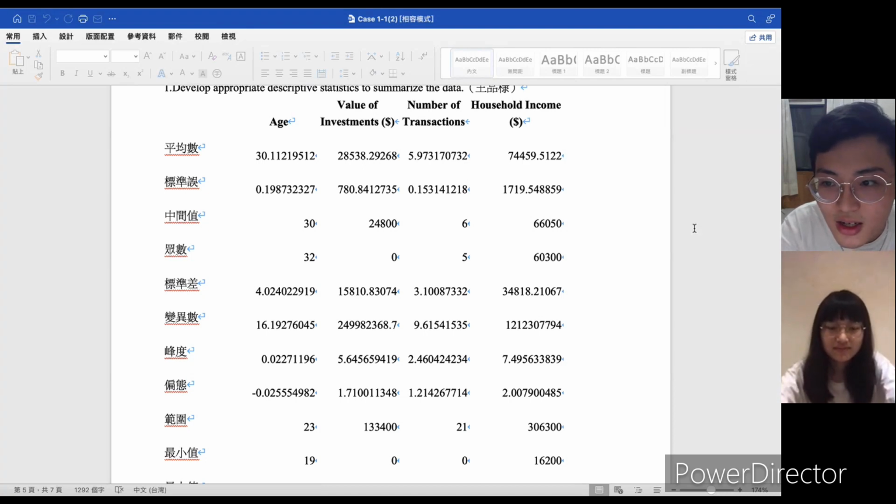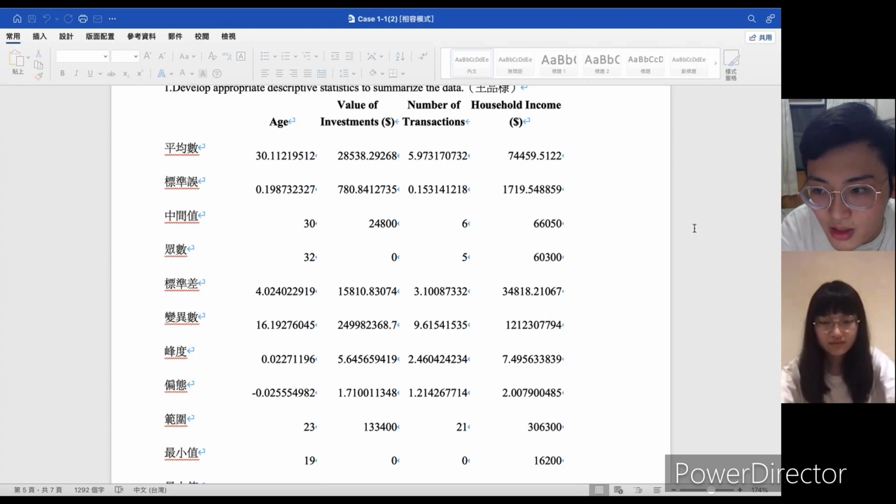As you can see, there is so much data in the picture, so I choose something important to talk about. The averages of age, value of investments, number of transactions, and household income are respectively about 28, 538, 5.9, and 74,459.